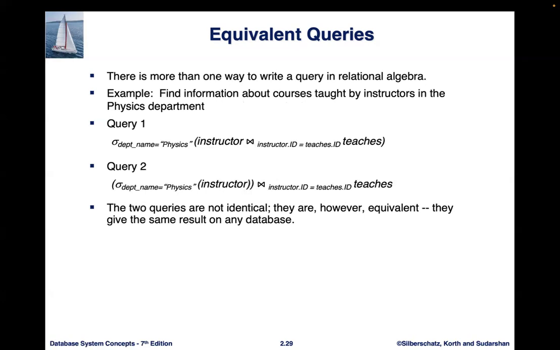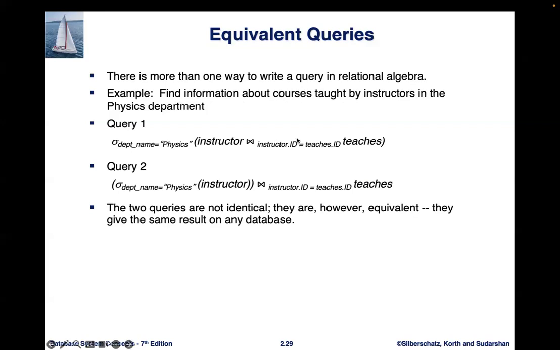Similar to this, we have another equivalent query where we said, find the information about courses taught by instructors in the physics department. So first of all, select all the instructors and do a join operation with all the teachers columns based on instructor ID and teachers ID. And then from those, select only those where department name is physics.